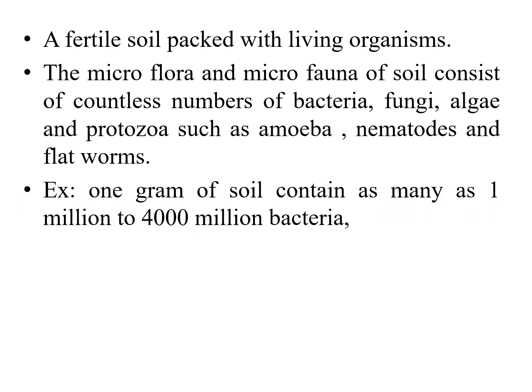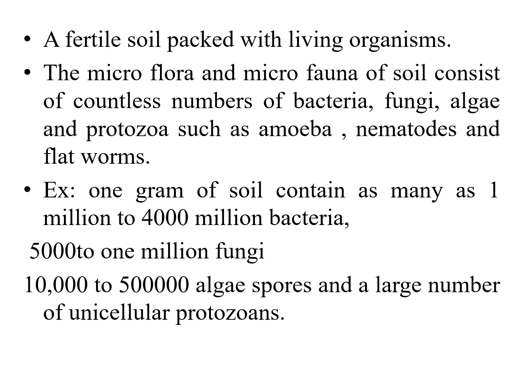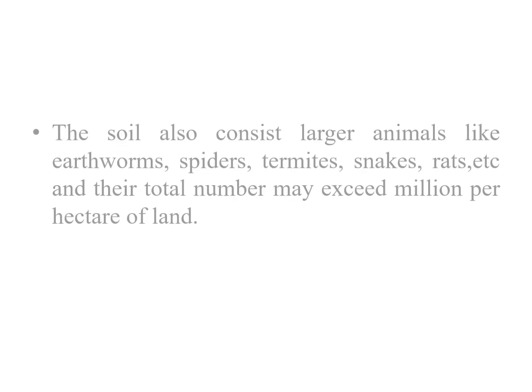For example, 1 gram of soil contains as many as 1 million to 4,000 million bacteria. Likewise, 5,000 to 1 million fungi and 10,000 to 5 million algae spores, and a large number of unicellular protozoans that you could see in fertile soil. So that is called fertile soil.